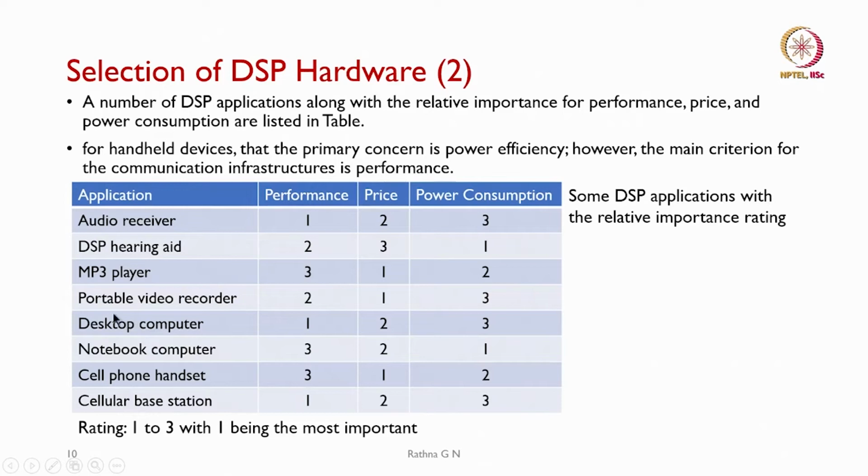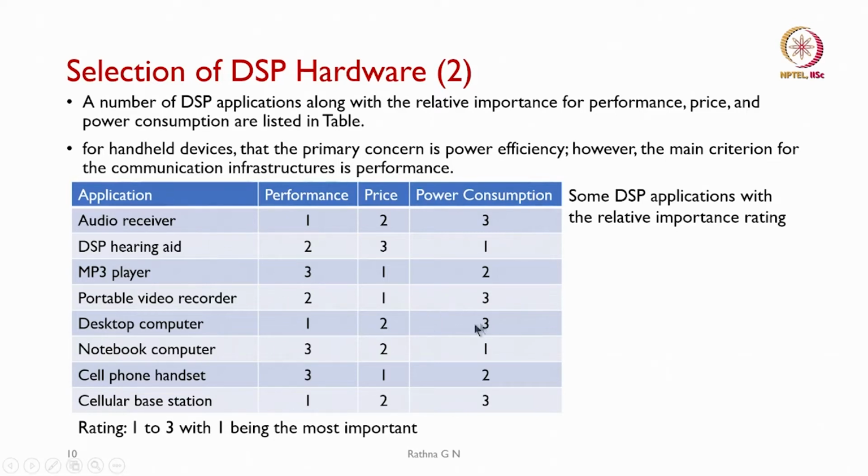Coming to the portable video recorder, it has to have middle performance, and the price has to be minimum, and power consumption can be a little more. For the desktop computer, we know that performance is the critical part, the price is medium, and power consumption is not much of a botheration because it is connected to the mains.